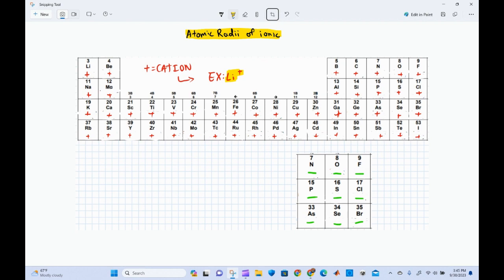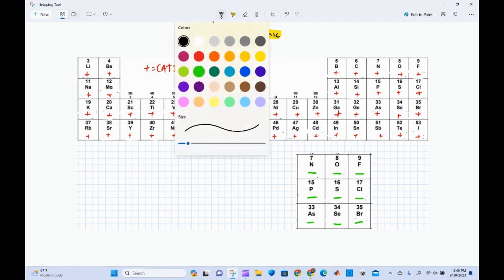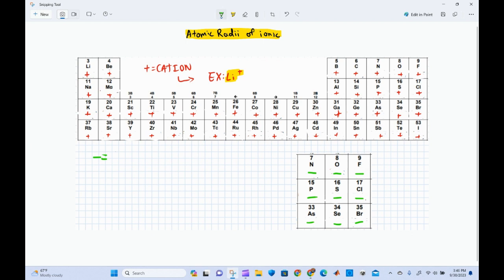Okay, so I don't remember what it's called. Is it called cation? It's called cation. Yes. Minus equals cat... Oh, wait a second. Did I mess up the whole thing? I always mess up. Is it cation or ion? I don't remember anymore.